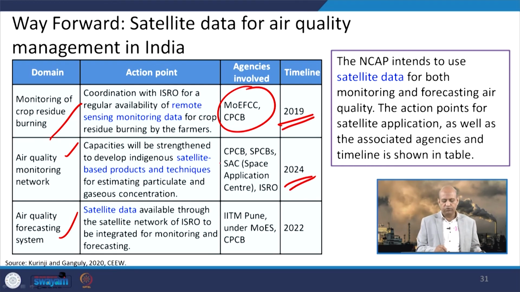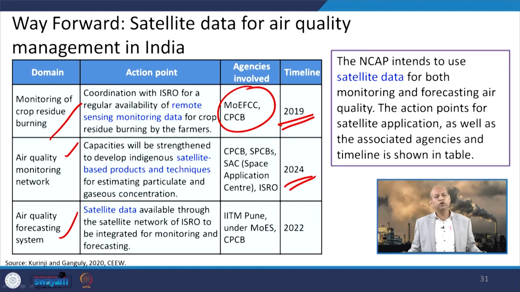Up to 2024 is the target. All these State Pollution Control Boards, Central Pollution Control Board, ISRO and Space Applications Centre are joining hands to develop the capacities for strengthening the efforts for development of indigenous satellite based products and techniques for estimating particulate and gaseous concentrations in the atmosphere.